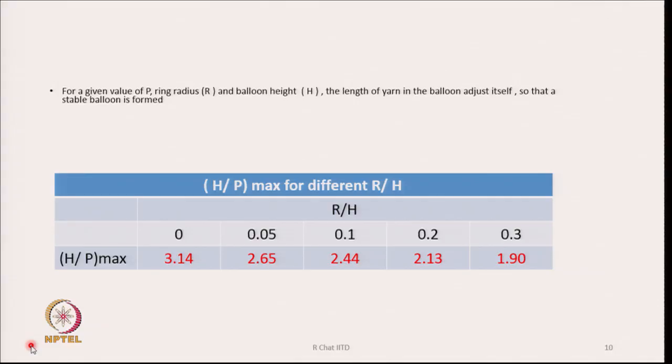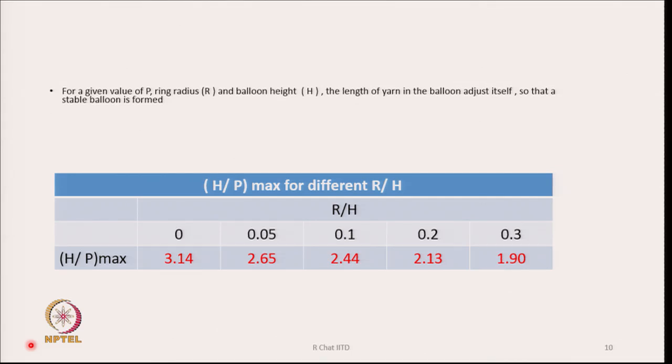Now, for a given value of p, ring radius r and balloon height h, the length of the yarn in the balloon always adjusts itself, so that a stable balloon is always formed. Fortunately, when you spin the yarn, there is a possibility of self adjustment of the yarn length within the balloon.